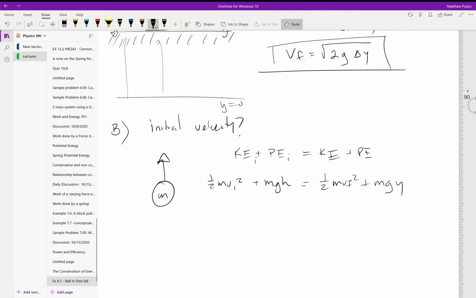Once again, it is independent of mass, and we can cancel it. We get a final velocity equal to the square root of the initial velocity squared plus 2g times delta y, where delta y is h minus y.